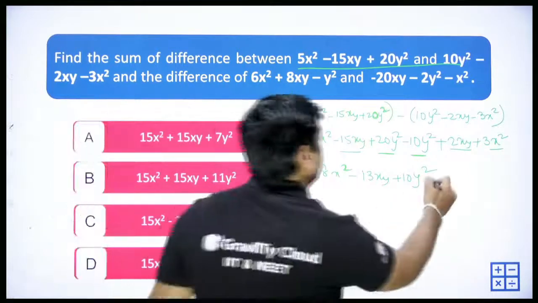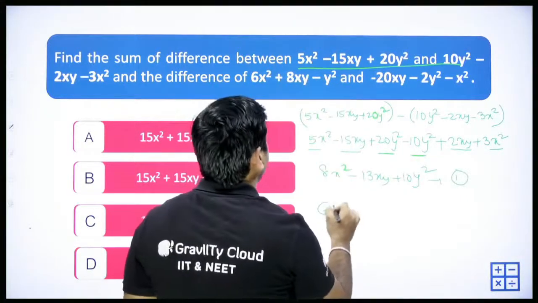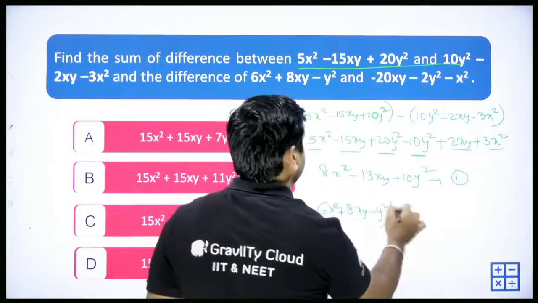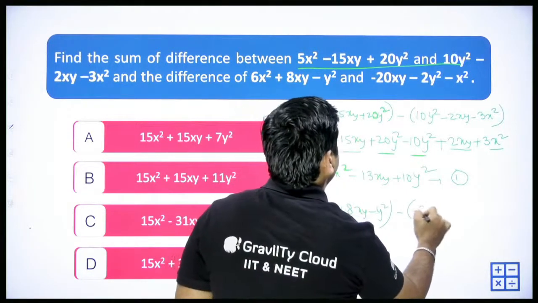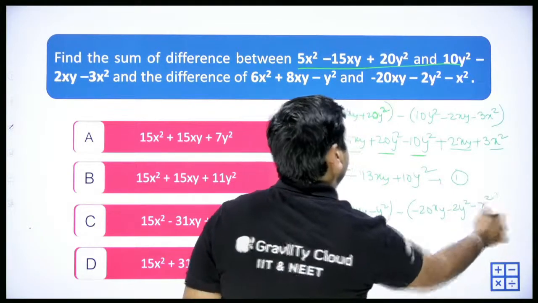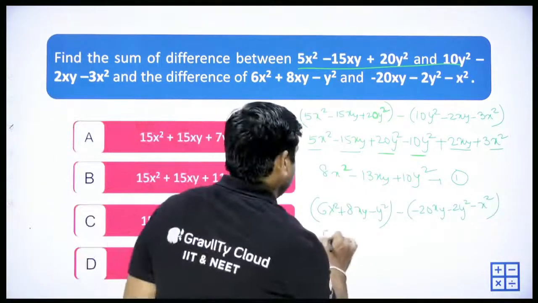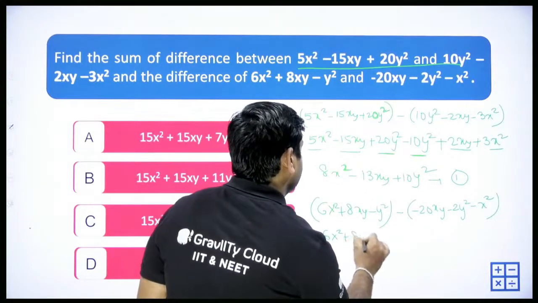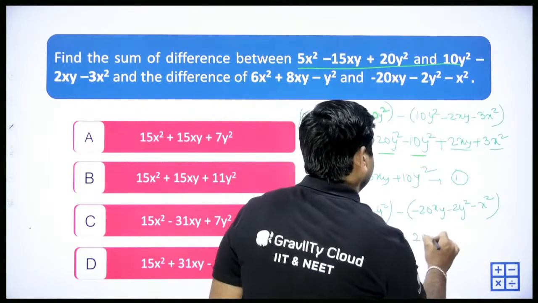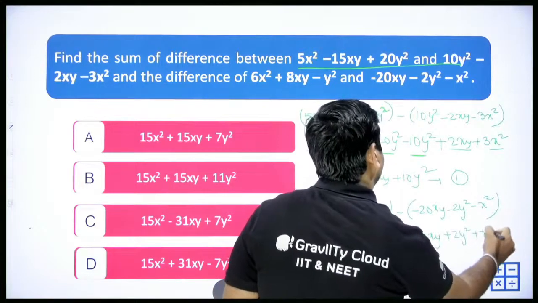And the difference of these two will give you 6x square plus 8xy minus y square minus minus 20xy minus 2y square minus x square. So how can you write this one? 6x square plus 8xy minus y square plus 20xy plus 2y square plus x square.